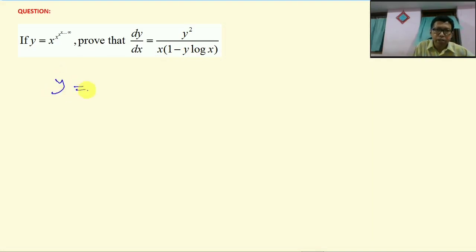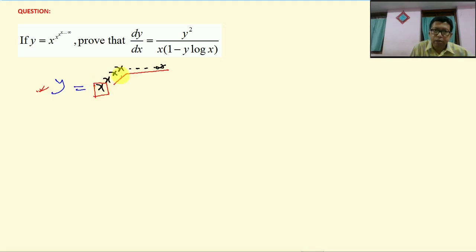Say y is equal to x to the power x to the power x to the power x, and so on to infinity. If you observe carefully, if I delete the first term, then the remaining part will be the same as y, as given in your question.